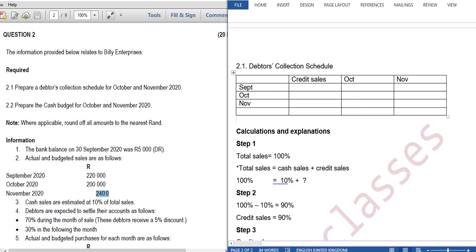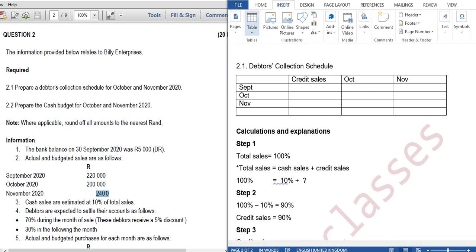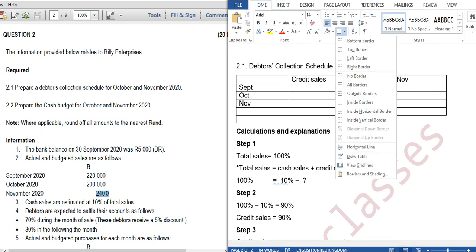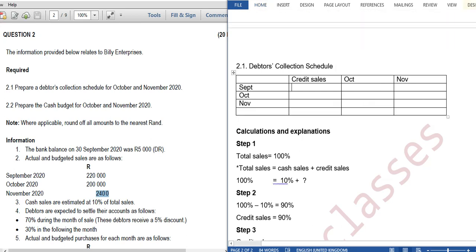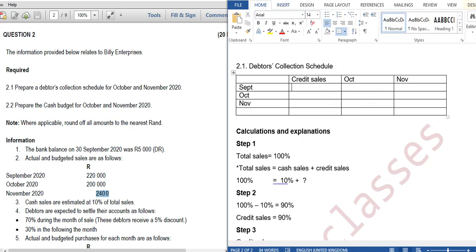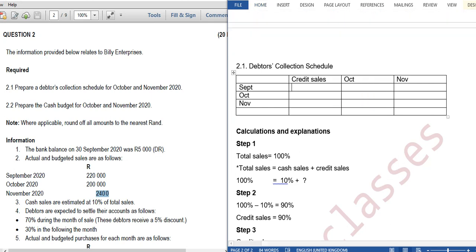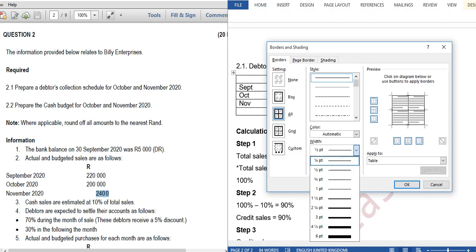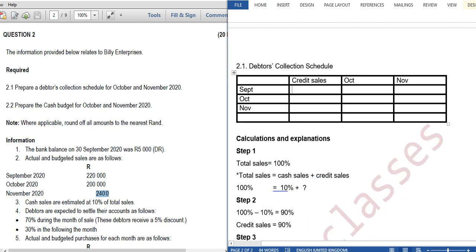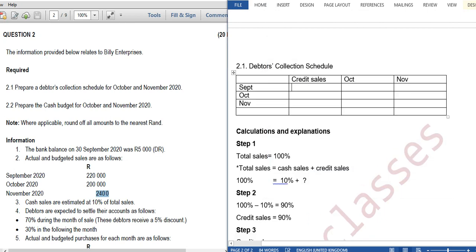Let me just put a demarcation line there to show that this side is credit sales and the other side. This will be fine.